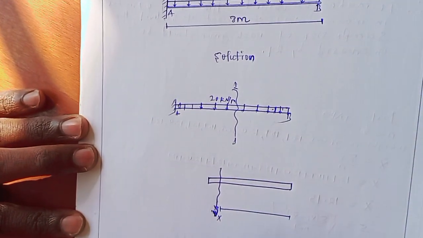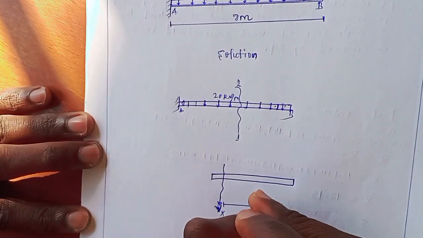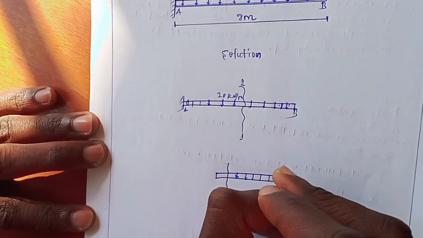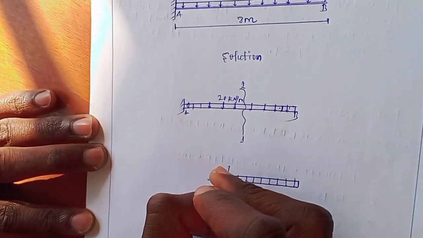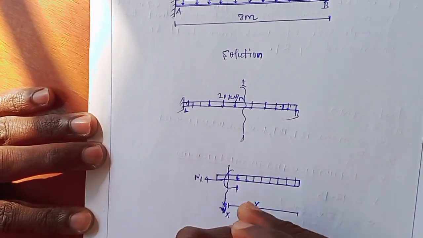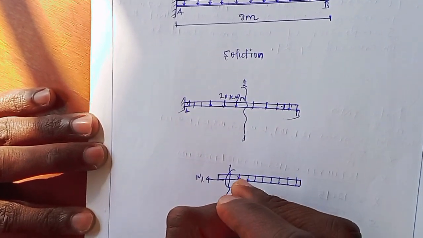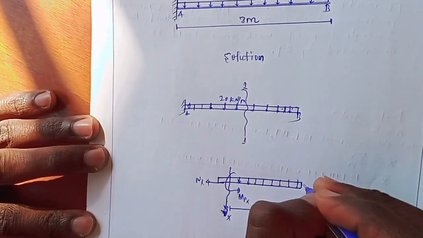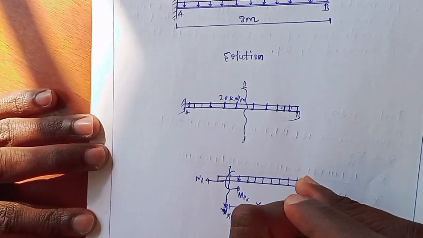We've cut a section at a known distance x. This is the uniform distributed load, the normal force at x, and the moment due to applied load at x. This is point B.